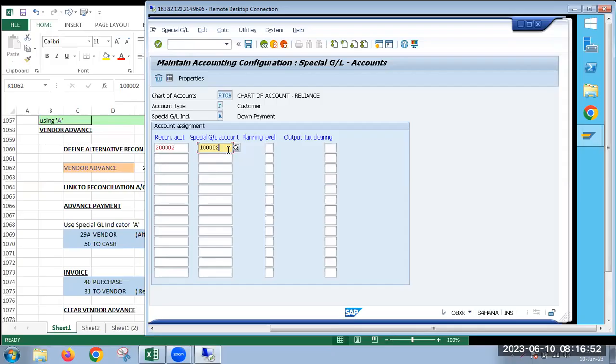The same way we will be assigning a lot of GL accounts for the entire SAP activity, not only for financial accounting but for all the other modules like MM or SD, or any other module which we integrate to FI. We may have to specify GL accounts that will automatically get posted scenario by scenario.